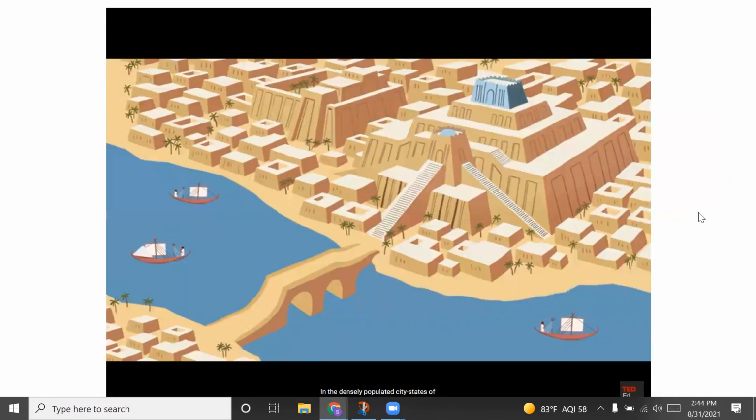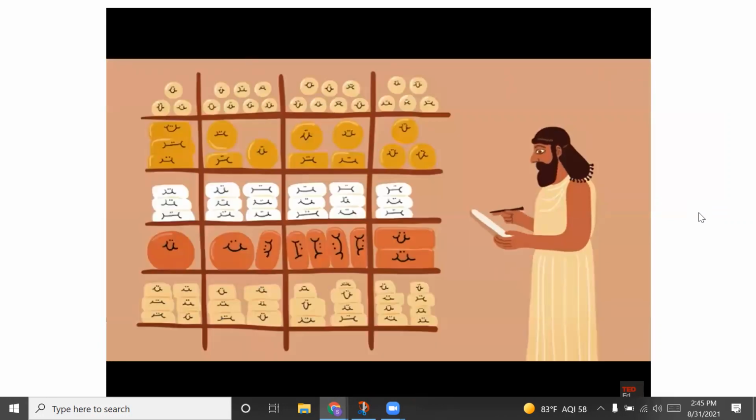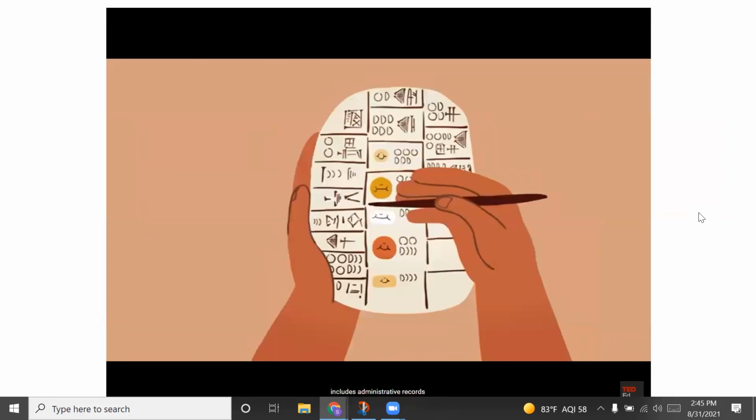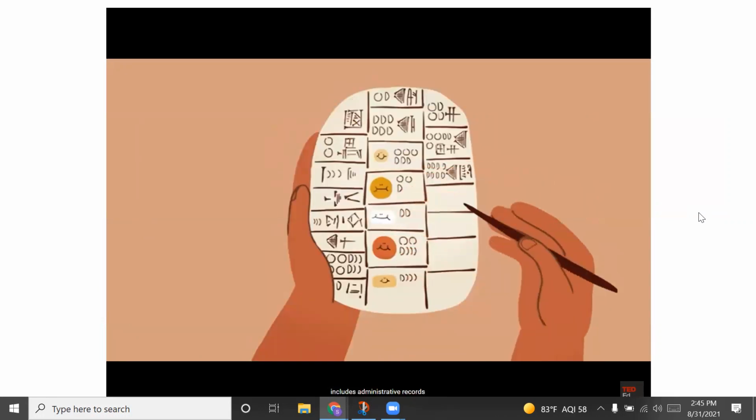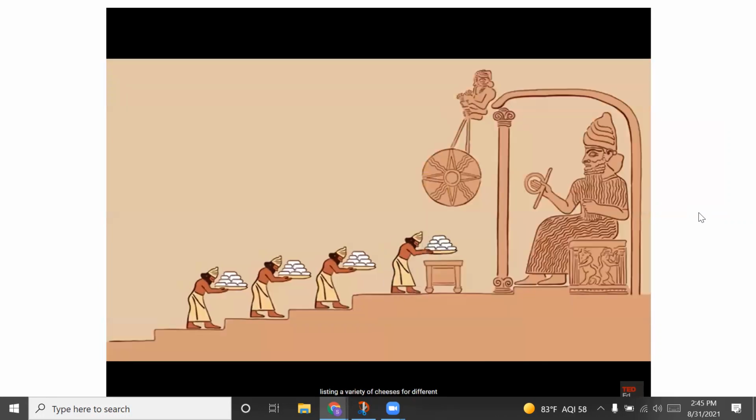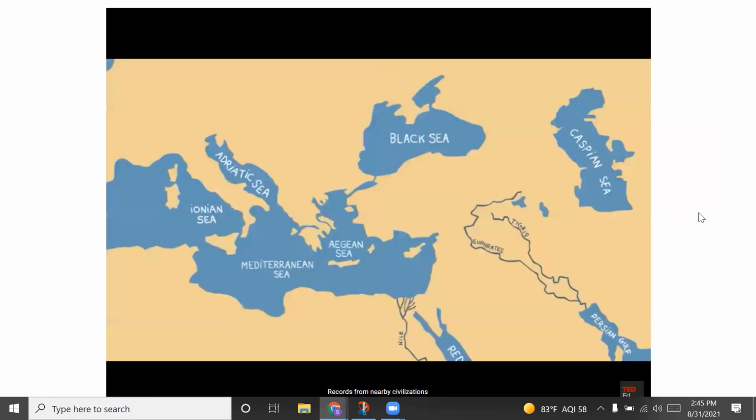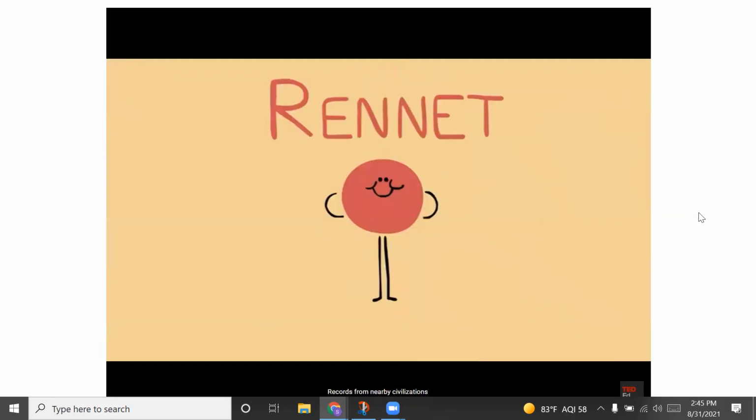In the densely populated city-states of Mesopotamia, cheese became a staple of culinary and religious life. Some of the earliest known writing includes administrative records of cheese quotas, listing a variety of cheeses for different rituals and populations across Mesopotamia. Records from nearby civilizations in Turkey also reference rennet.